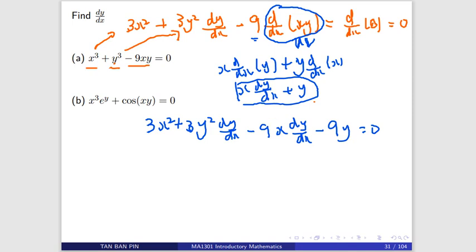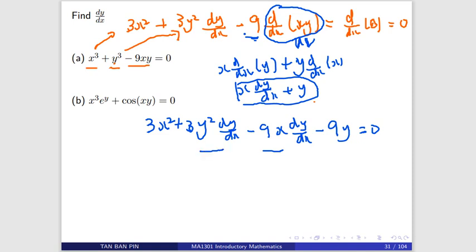So just substitute d/dx of xy by these two terms. So it should give you minus 9 times x dy/dx, which is here. Then minus 9 times y, so minus 9y equal to 0.